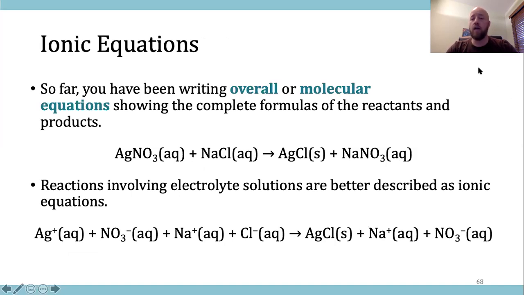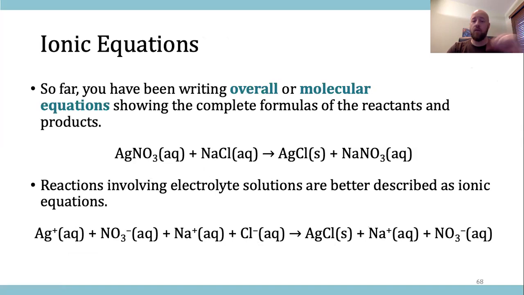The total ionic equation is one where once we have the molecular equation, we separate everything that's aqueous into their ions. So here we separate the silver nitrate into the silver and the nitrate, the sodium chloride into the sodium and chloride. The only thing we don't separate are solids, liquids, and gases.